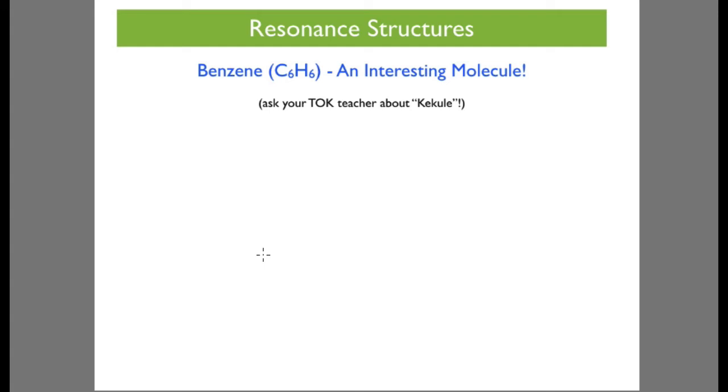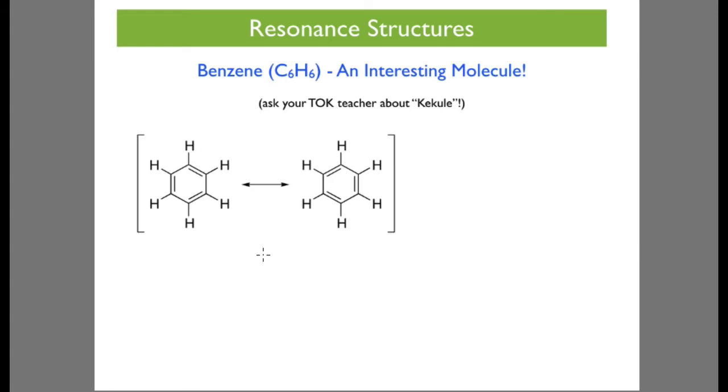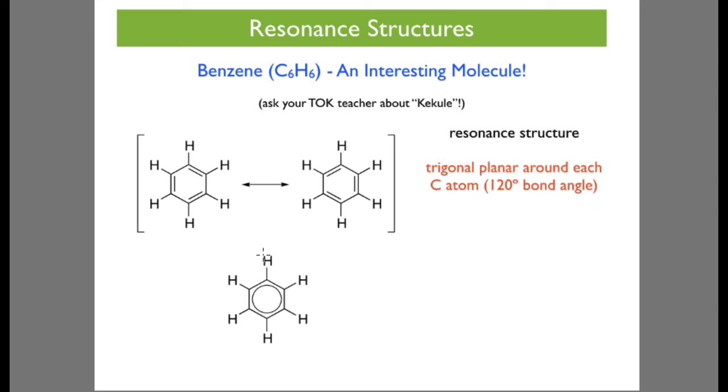Benzene, our good friend benzene. It's a very interesting molecule. Here we go. There's the two resonance structures you could draw. And obviously you will have seen it many times with the circle drawn in the middle. It's trigonal planar around each carbon atom with a 120-degree bond angle.